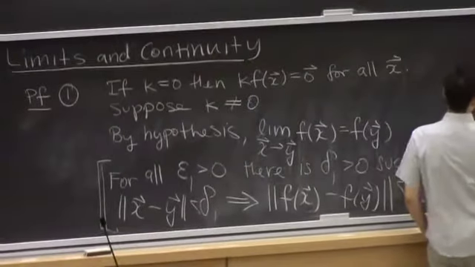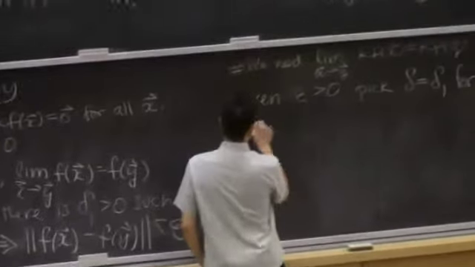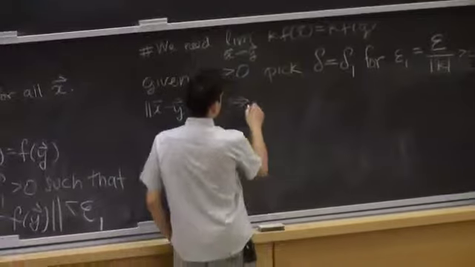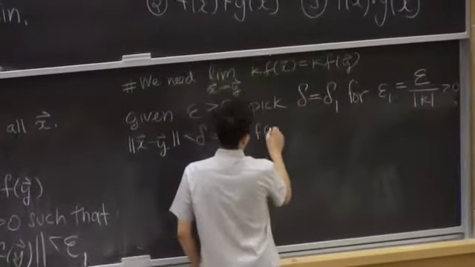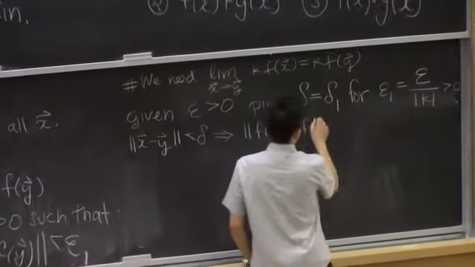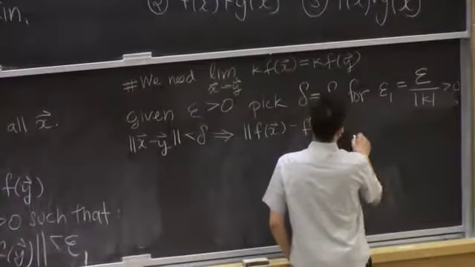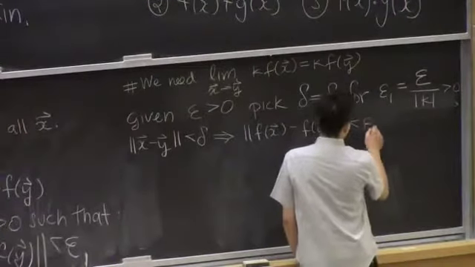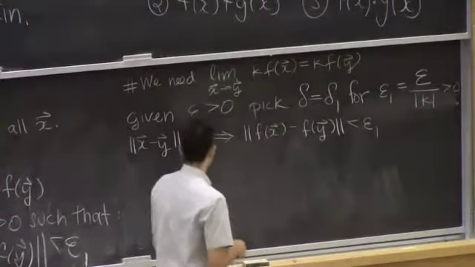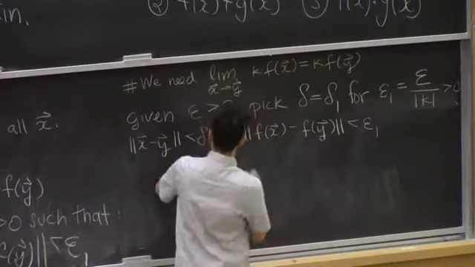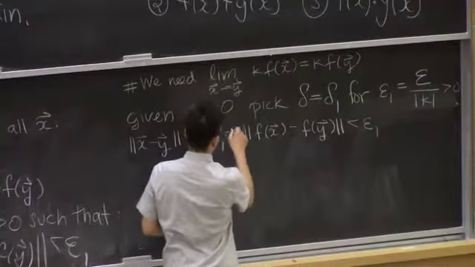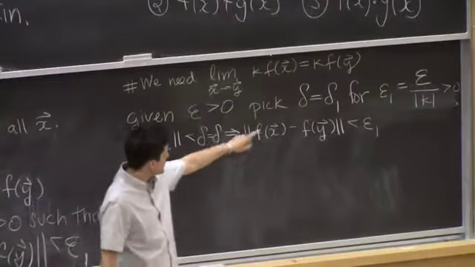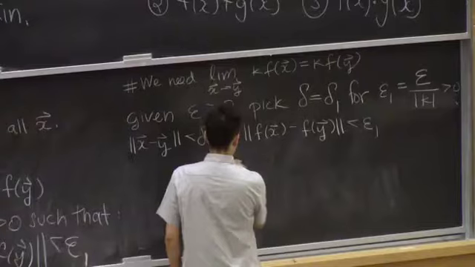That gives us: x minus y is less than delta implies that f of x minus f of y is less than epsilon 1. So if we're less than delta 1, then this is less than epsilon 1.